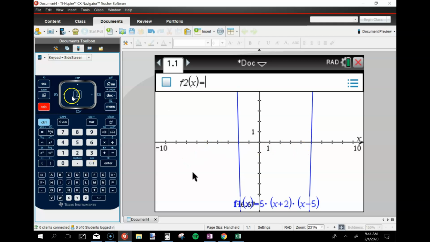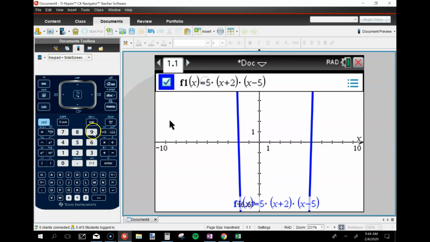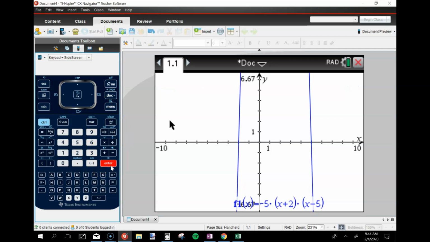Hey, what if I threw a negative sign in the front? It's going to be upside down, isn't it? Is it still going to have the same roots? It should. And so you can tell by the way it's shaped that it's actually going to go this way now.